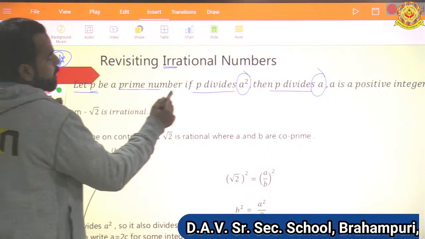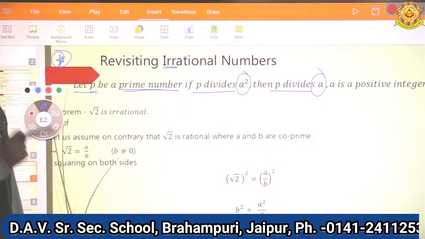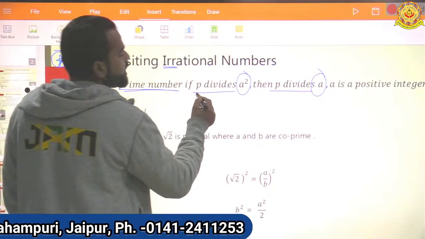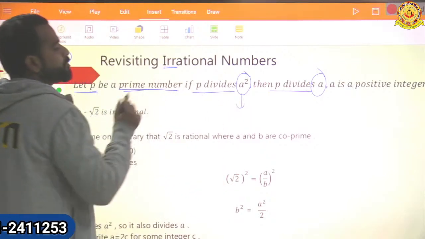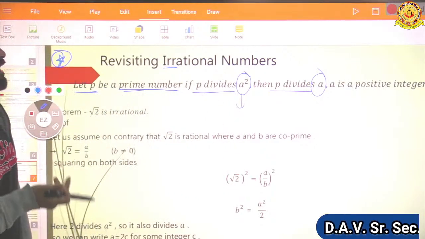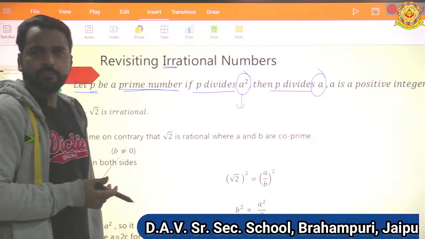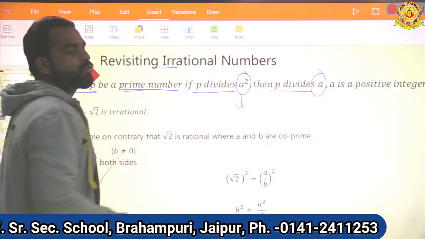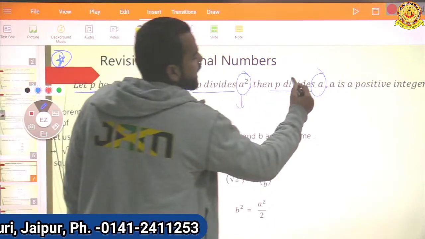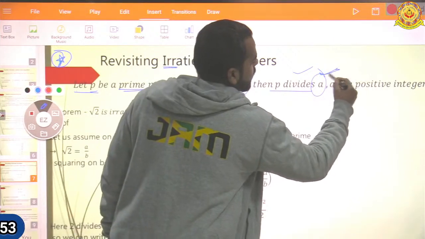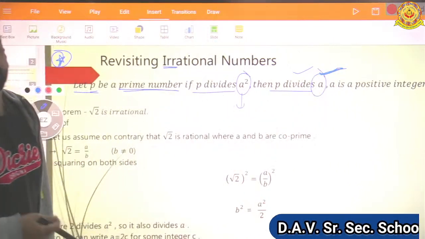Let p be a prime number. If p divides a square, and this p is the prime number which can divide a square, where a square can be any number, then p can also divide a without the square.